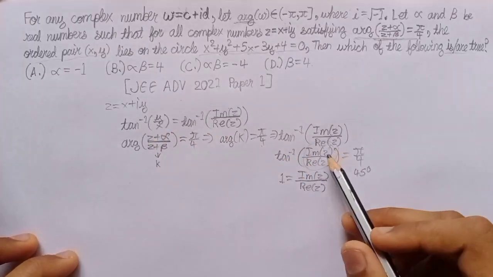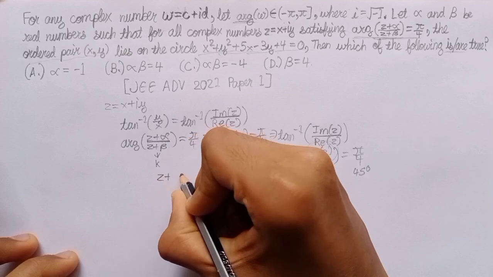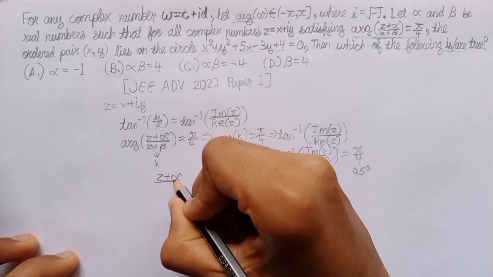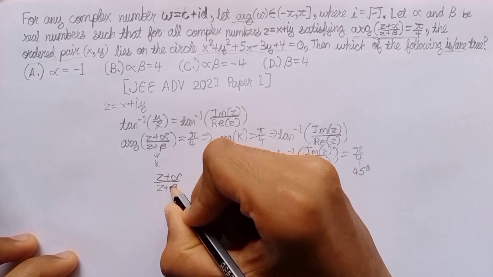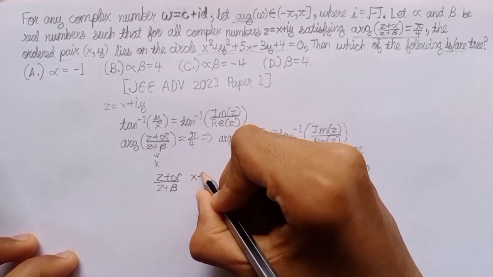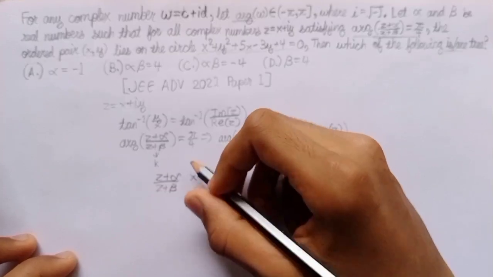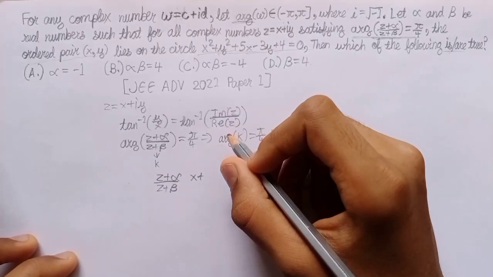So let's start from here. So let's substitute the value of k here. So we have z plus alpha by z plus beta. Taking z as x plus iy, we have x plus, we'll put alpha in the middle of x and iy because alpha is a real number according to the question.